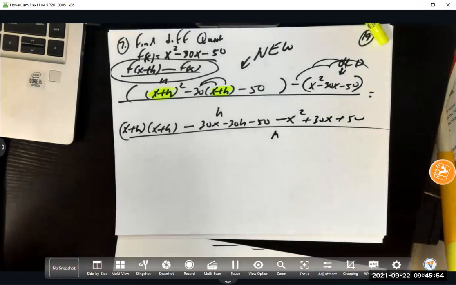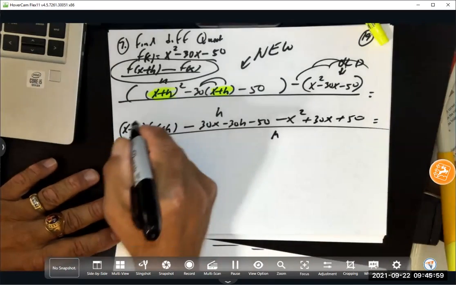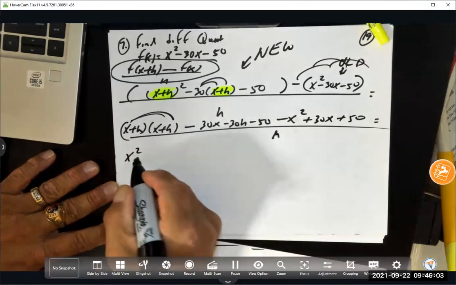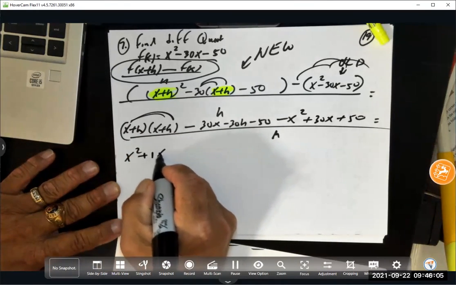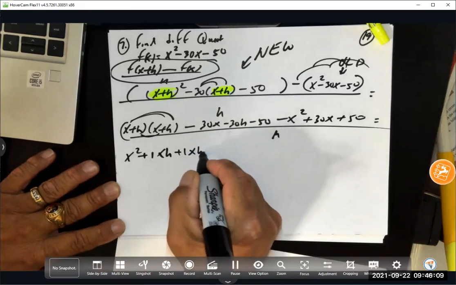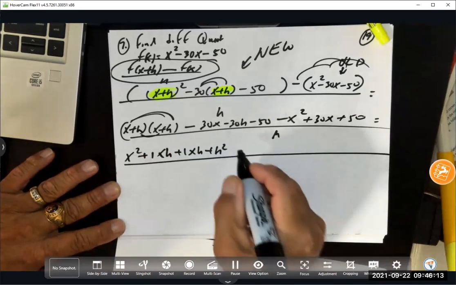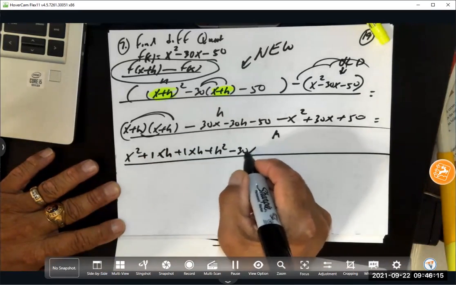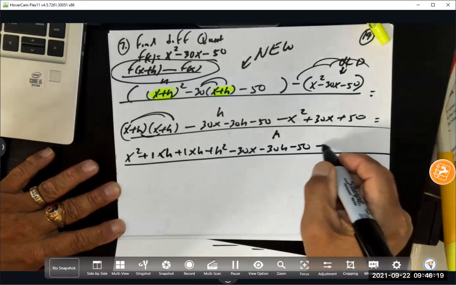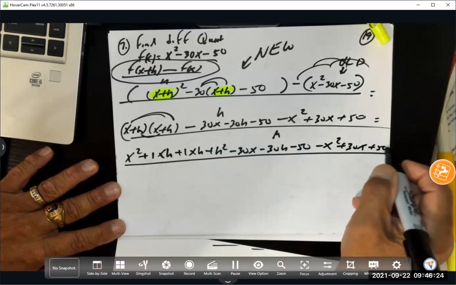Now I'm going to do FOIL on all this. This is going to be x squared plus what else? xh, and then xh again, and h squared from this one here, right? And everything else, I'm just going to copy it down. Minus 30x minus 30h minus 50, then minus x squared plus 30x plus 50.